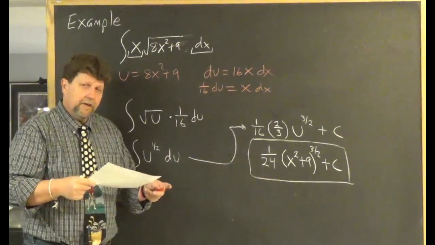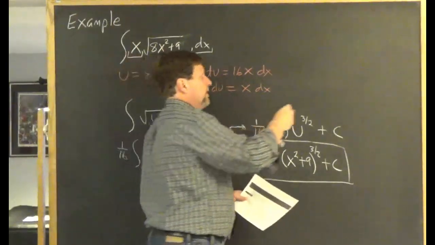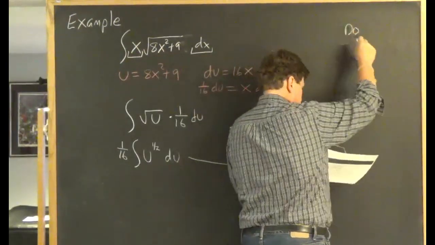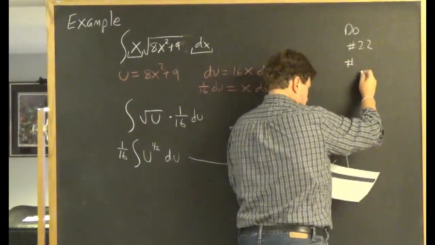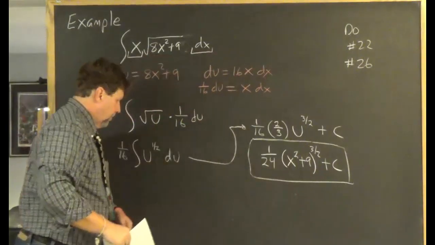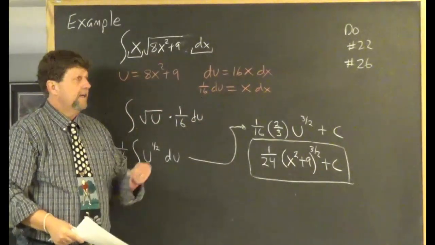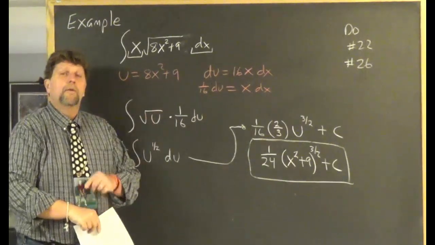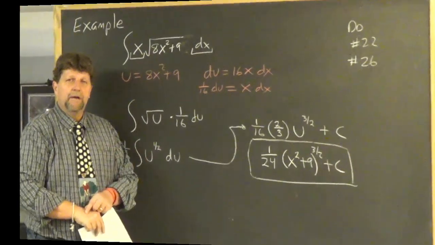So to make sure you're getting an idea of how to do this, I have a couple I'd like you to do here in section 6.4. Go ahead and do numbers 22 and 26. So as always, pause the video, do those two. Once you've completed those two, restart the video and I'll be here at the board working them out.